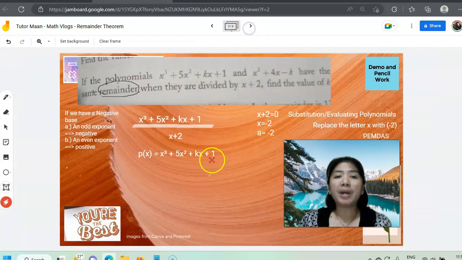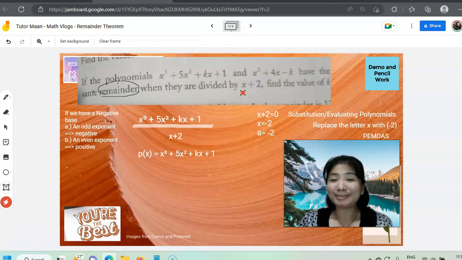In this problem, our divisor is x plus 2 and we assume it as a factor. Then our possible root is negative 2. Our constant is positive 2, so we change the sign, and that will be negative 2. So our a is negative 2.